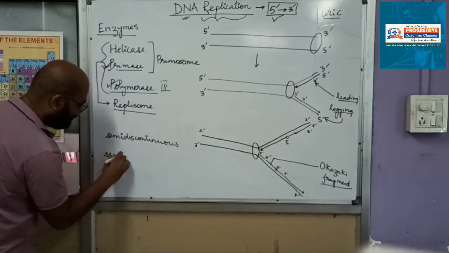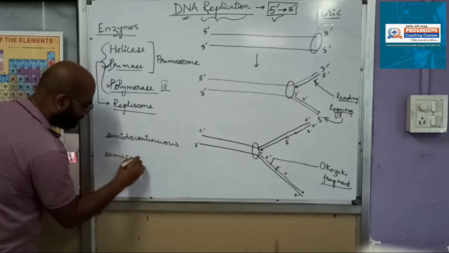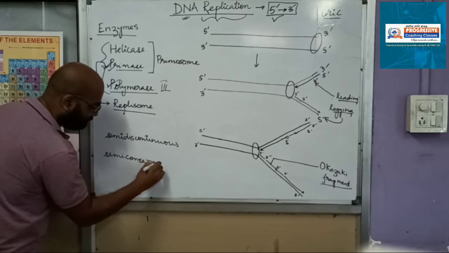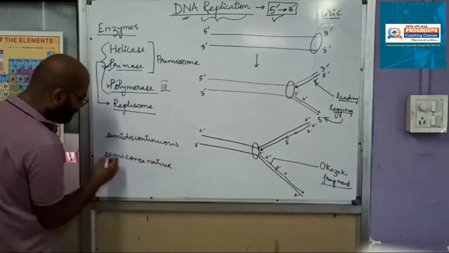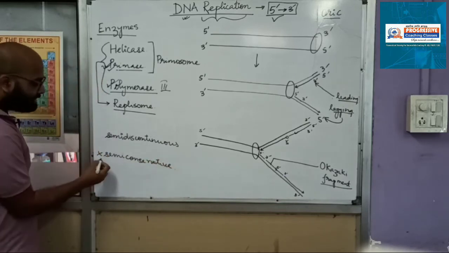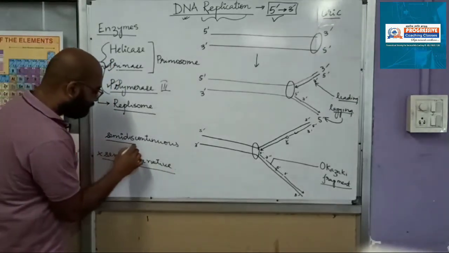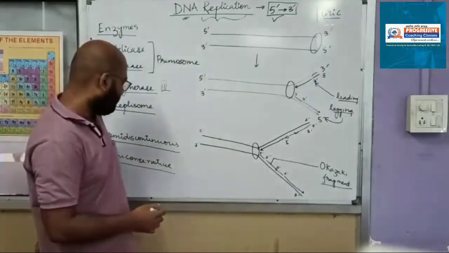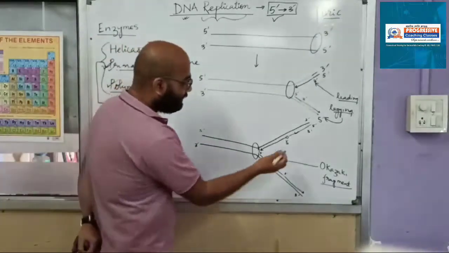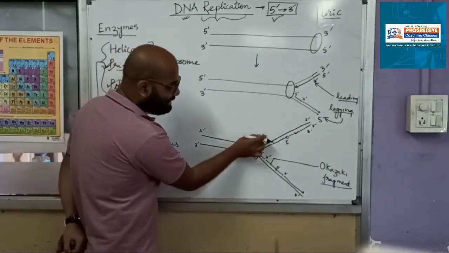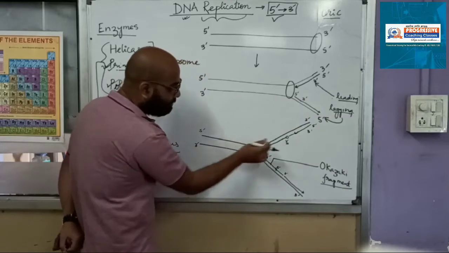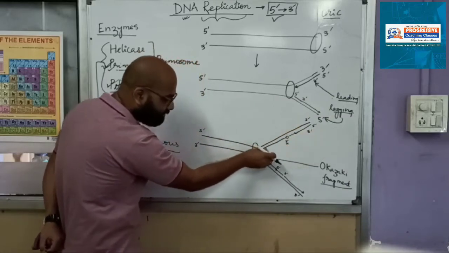And another property is semi-conservative. To discuss semi-conservative, we will require another experiment, so we are not going to discuss it in this video. We are dealing with the semi-discontinuous nature here. What does semi-discontinuous mean? Of the two strands, one strand, when it opens up, is always in a continuous fashion.